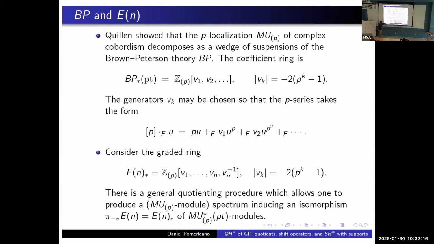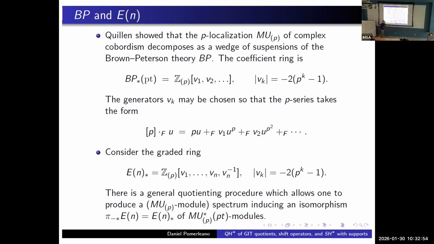So there's a spectrum whose stable homotopy groups are exactly this coefficient ring. This cohomology was originally introduced by Johnson and Wilson, but the natural construction is due to Landweber. All you really need to know about this cohomology theory is its coefficient ring, and its group law is given by truncating this universal one up to order Bn.